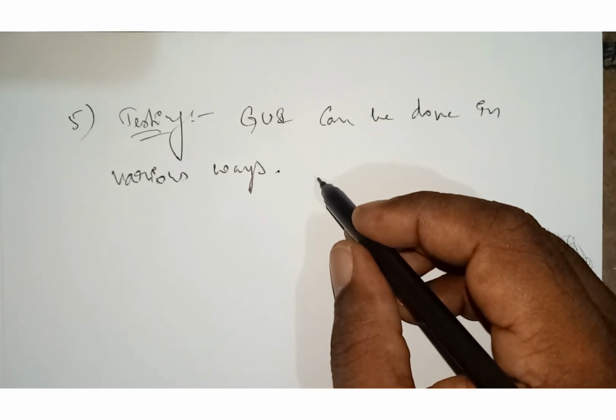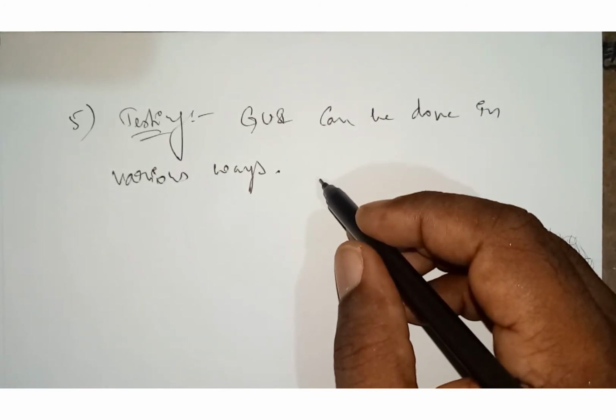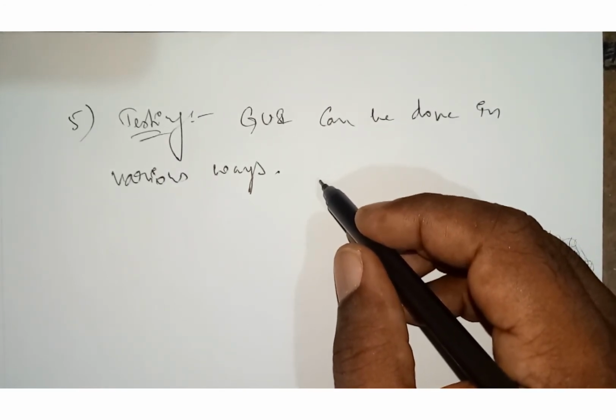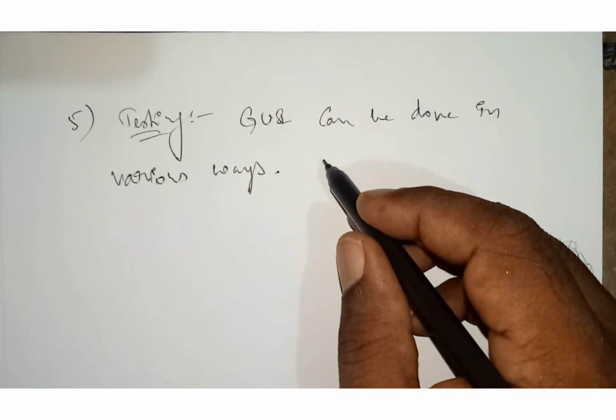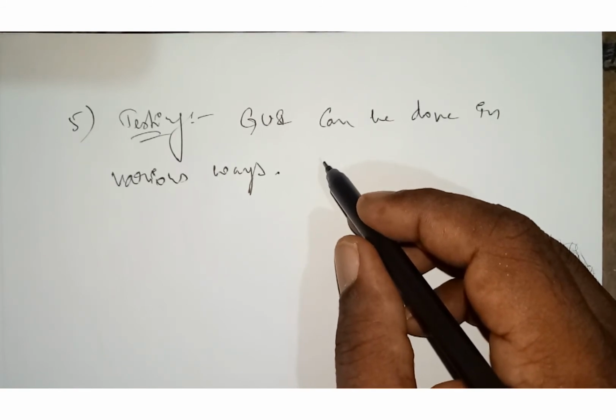Organizations can have in-house inspection, or they can directly involve users, and then they release the beta version.